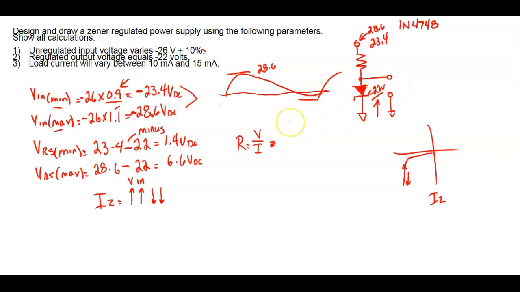Now, the load current and IZ. So this is VIN, and this right here would be IZ.